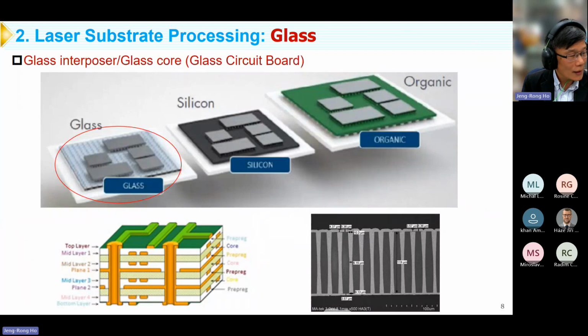So on glass, we need to drill more than 10,000 microdrills. We call these through glass vias. And on the vias, we need to do metallizations, typically copper on the holes as conductors. So actually, this is a very challenging task right now.